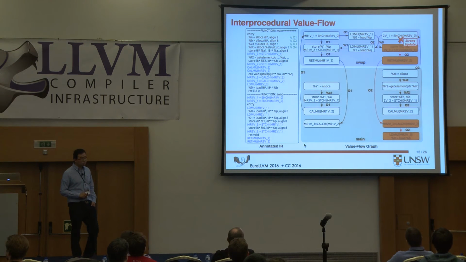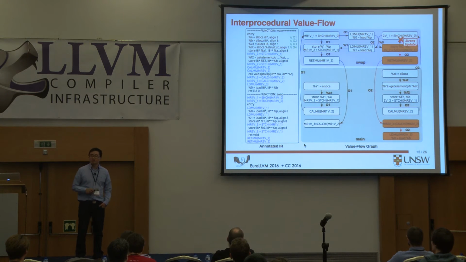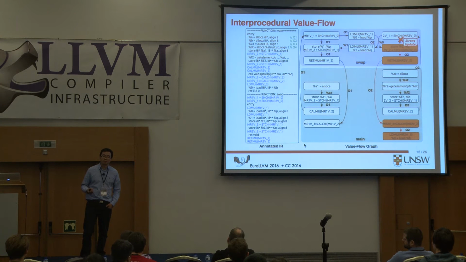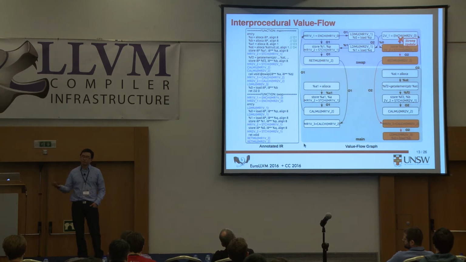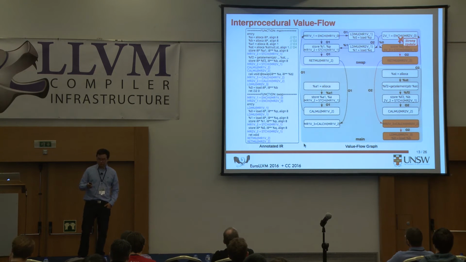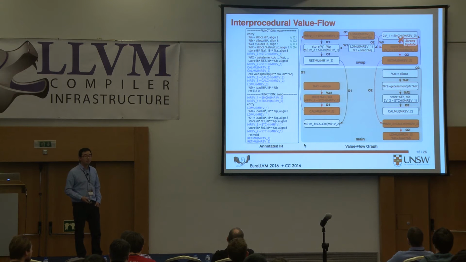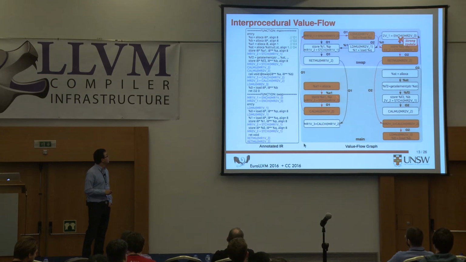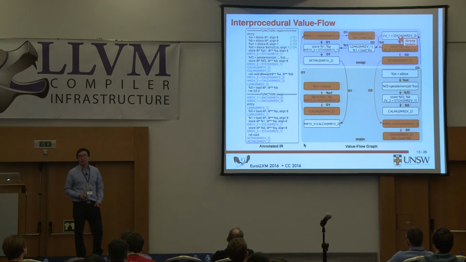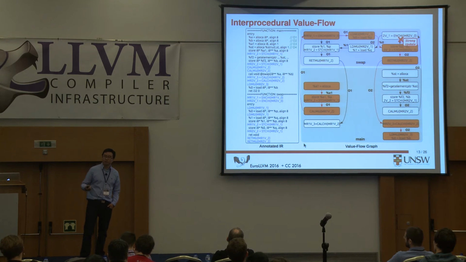To decide which way to go, we employ a notion called strong updates, which means if the pointer operand of a store statement only points to a single memory object, the old value flowing to the store statement will be killed. So we only move backwards from the right-hand side of the store statement. Eventually, we will reach this allocation assigned to the pointer A1, so we know that pointer B only points to the object A1.